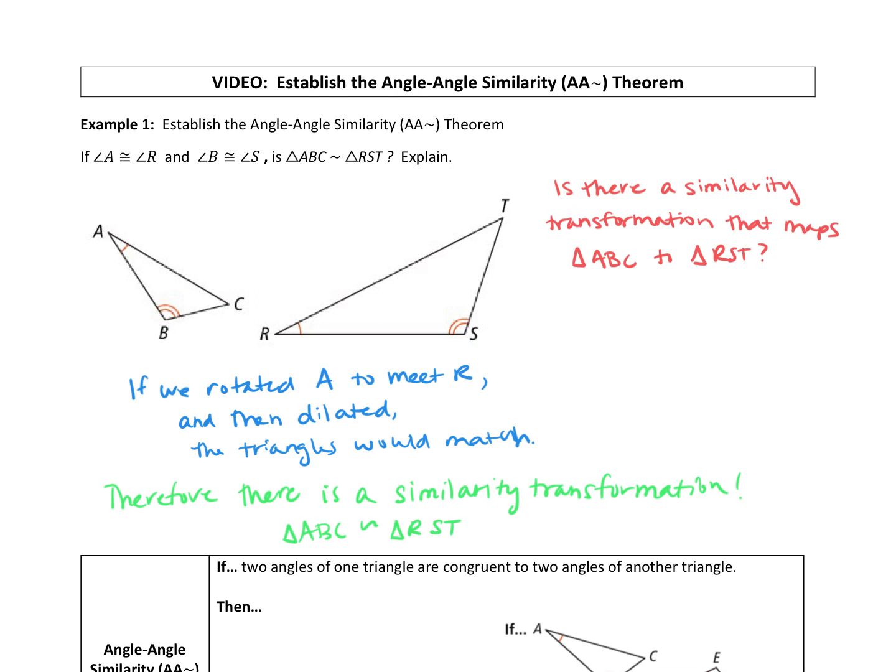And how do we know that the triangles are similar? By our angle-angle similarity. Anytime that we are confirming that triangles are similar, we're going to include the theorem that we know that to be true.